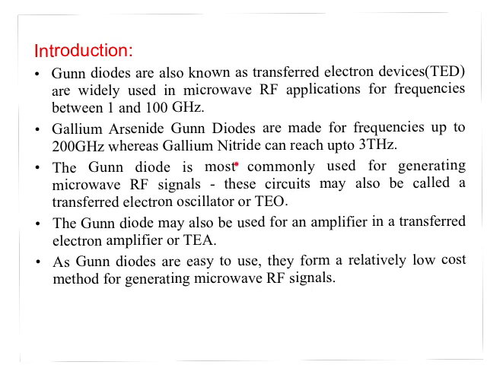When made of gallium nitride, it is used up to 3 terahertz. These Gunn diodes are mainly used for generating microwave RF signals, or as an amplifier. When used as an oscillator, it is called TEO. When used as an amplifier, it is called TEA. They are very easy to use and form a relatively low cost method for generating microwave RF signals.